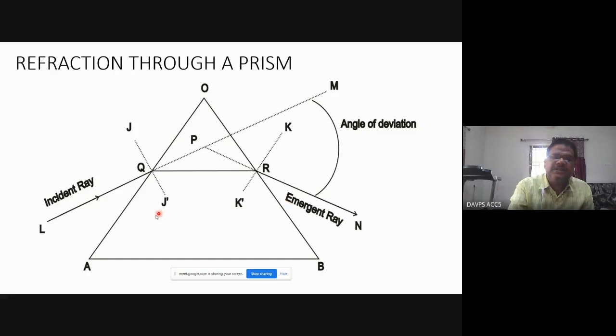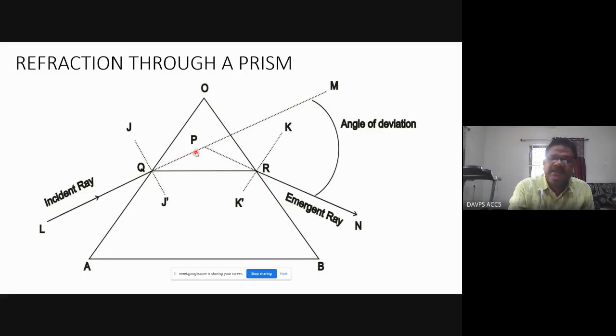So this is the incident ray and this is the emergent ray. The angle formed between the incident ray and the emergent ray is called the angle of deviation.